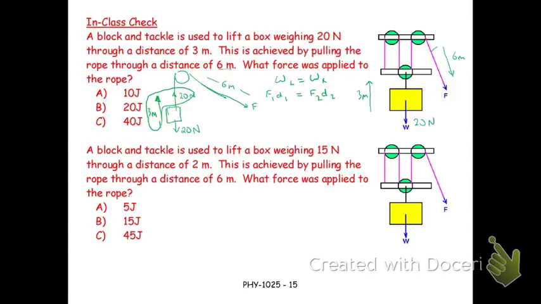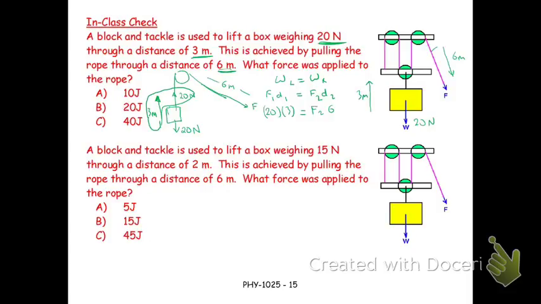So I look at my diagram and I go 20, and the distance was 3. Remember what it said? You lift a 20 Newton box through 3 meters. And this is going to equal my force, which is what I want, times my distance, which is 6.